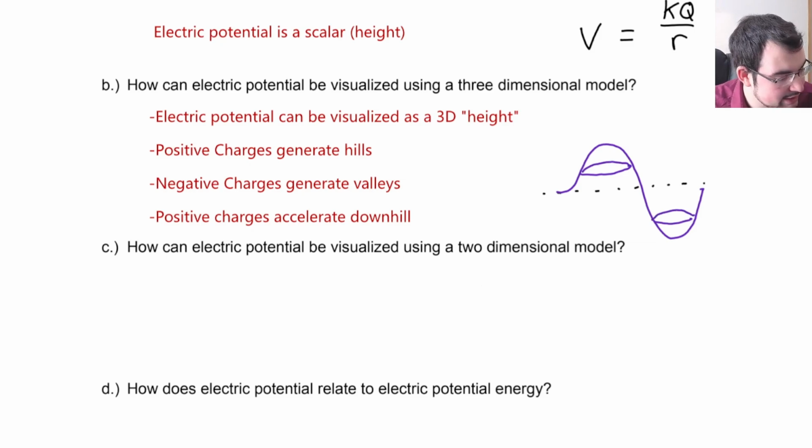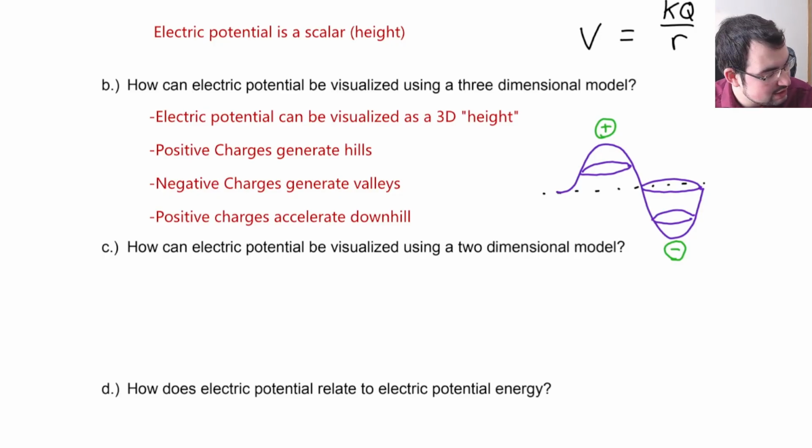So this would be like a positive charge living there, generating a hill, the negative charge down here, generating the valley. There's a sea level location somewhere in the middle. So we can see now why we're saying that positives accelerate downhill, because if positives create this sort of hill location and negatives create the valleys, and positives like to go where negatives are, we'd see that the force, the field at least, is going to point sort of down this hill, sending the positives to be with the negatives.